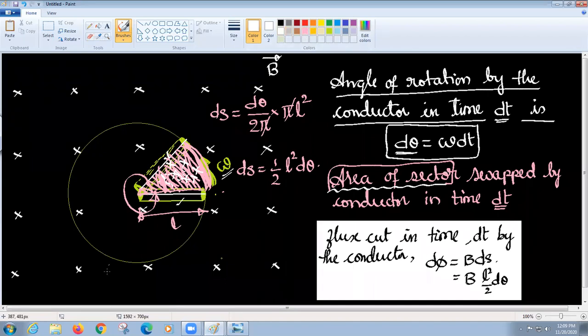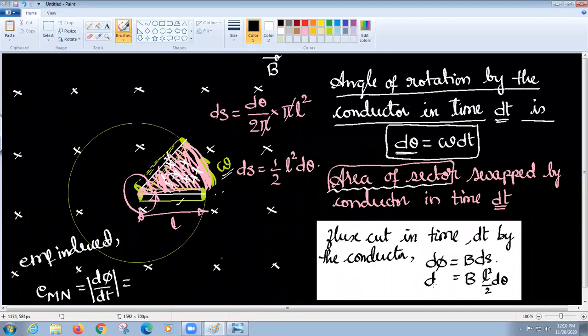Finally, I want to find the induced EMF. The EMF induced across the length L is equal to the magnitude of d phi by dt.